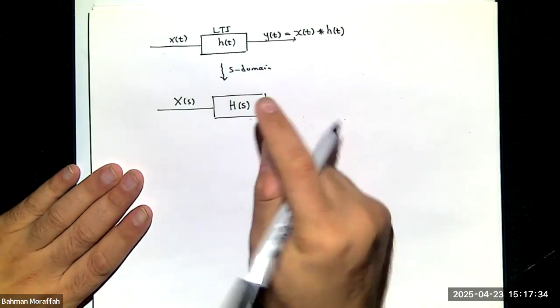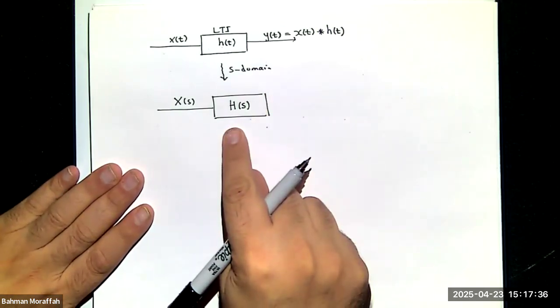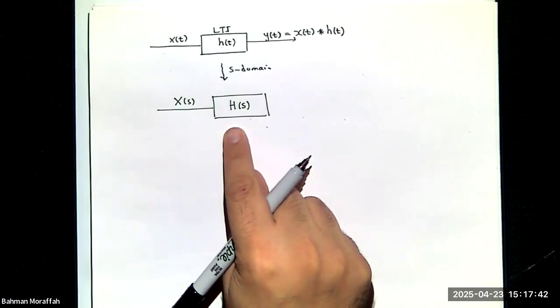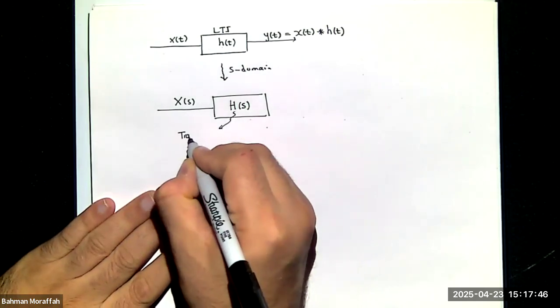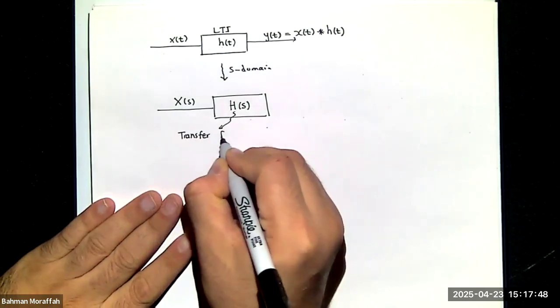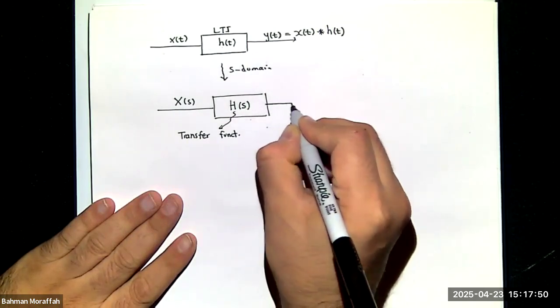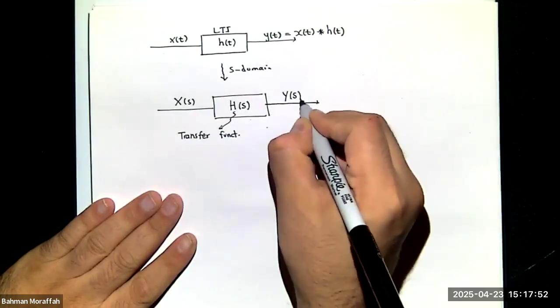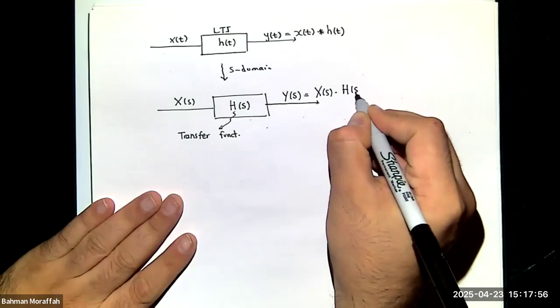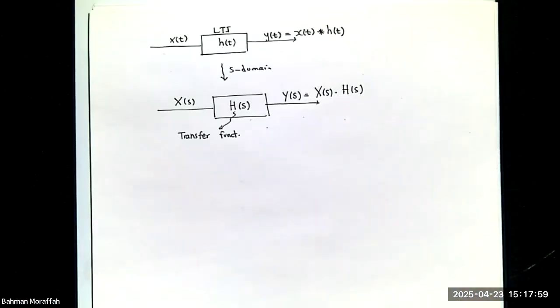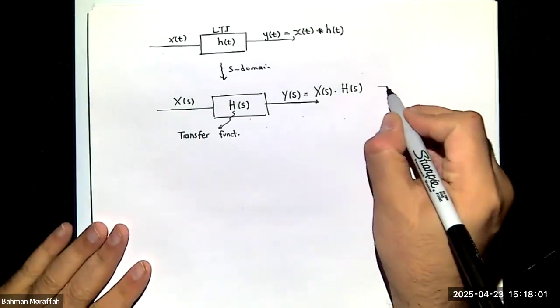Right? What do we call this h of s? That was a transfer function, right? Because that's the ratio of output to input. So this is the transfer function. And then we can get y of s, which is x of s times h of s. Right? And remember, we can find h of s from here.